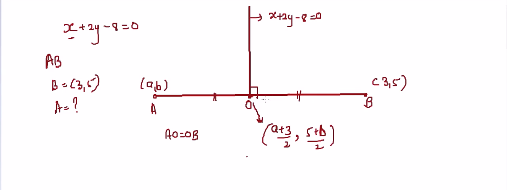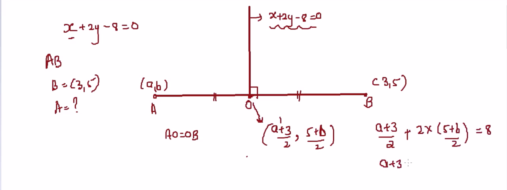This point O is lying on this line. So clearly this point will satisfy the equation. In place of x I can write (a plus 3) over 2, plus 2 times y, which is (5 plus b) over 2, is equal to 8.